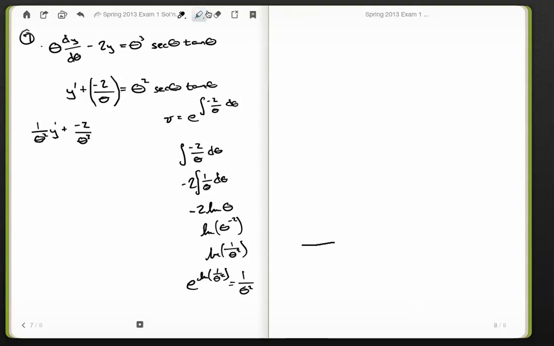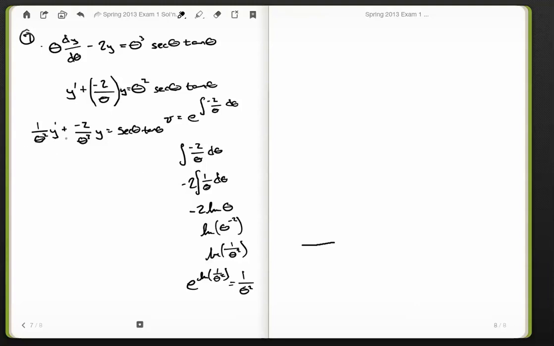This is supposed to be a y here, let's fix that. And that equals, conveniently, the theta squared here and the theta squared down here cancel. So this becomes secant theta tangent theta.